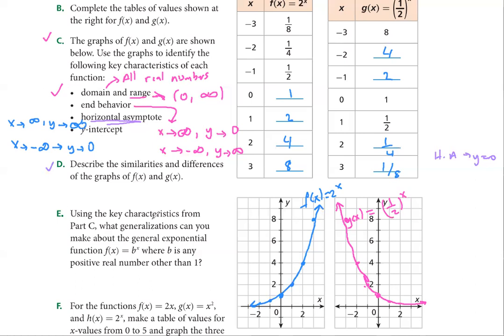And using the key characteristic from part C, what generalization can you make about these two functions? Okay, if b is a positive number other than 1. If you remember this one, b was 2, which is larger than 1. If that is larger than 1, your function is getting bigger and bigger, which is exponential growth.